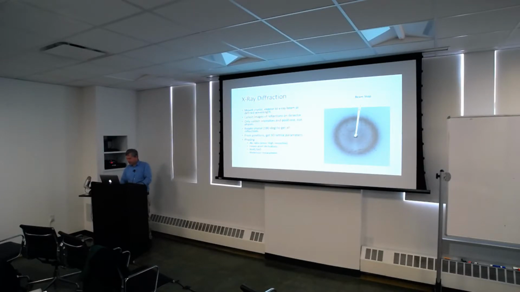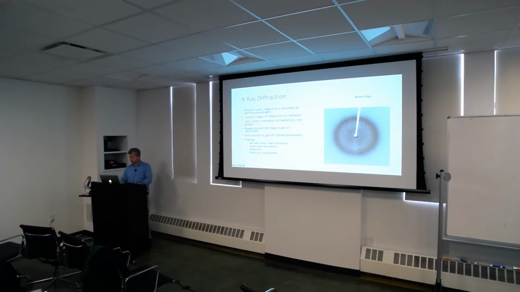In terms of a diffraction pattern, if you remember, this is a reciprocal or Fourier space. You always have a beam stop which blocks the direct beam, because most of the beam is not diffracted. This would be a very, very intense beam going right through the crystal, so you always have to block it with a beam stop so that you don't burn whatever detector you're using.